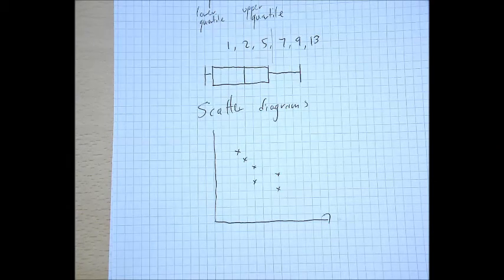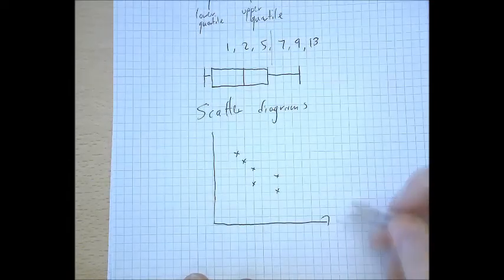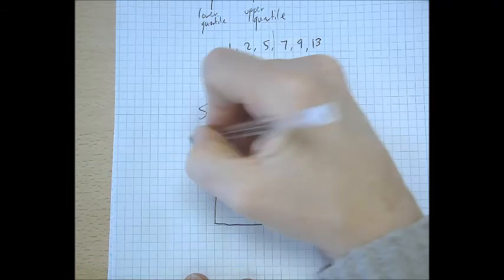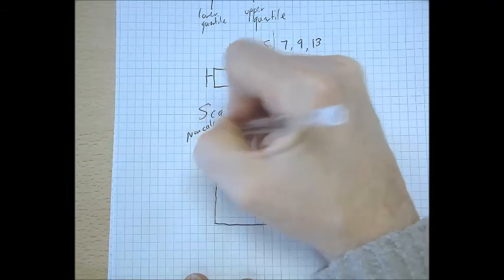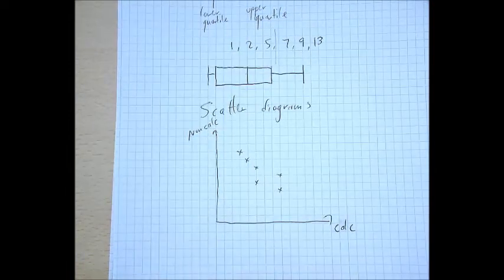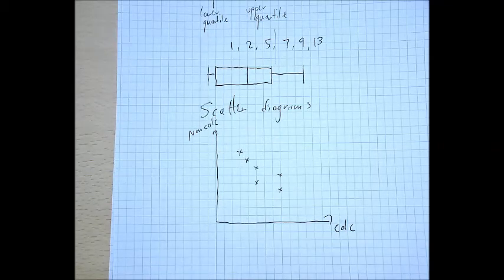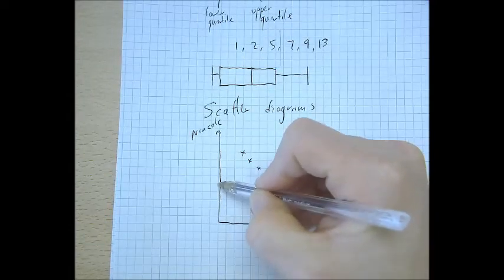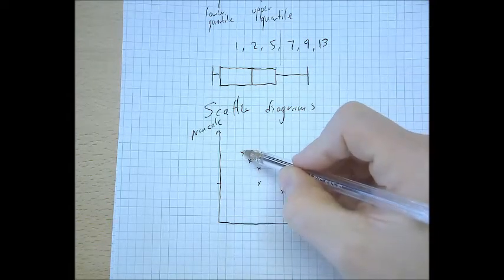You can also ask how far over to the right it is. So, for example, if there were 2 tests, maybe this is the calculator and this is the non-calculator.